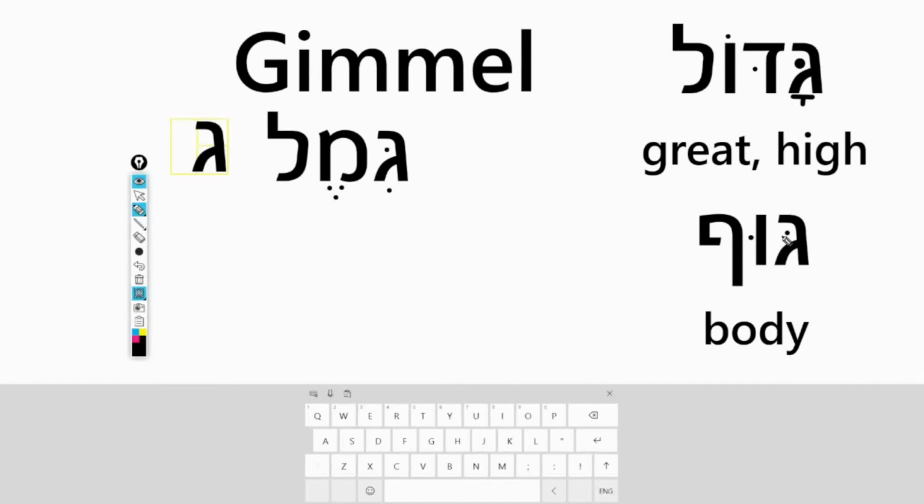And we have another word here. It's got a dagesh in the center of it, so it is the hard G sound. And this has another vowel pointer here that we haven't seen yet, and this is the shuruk. And the shuruk makes the sound oo.